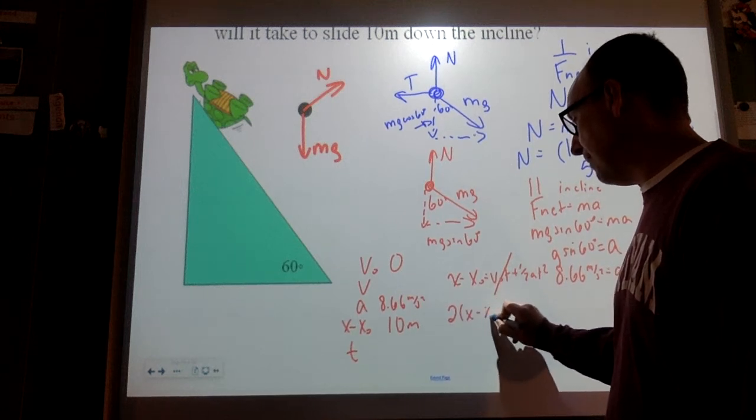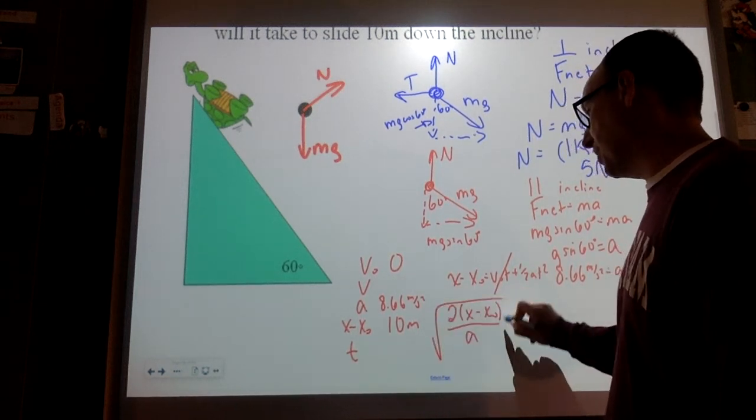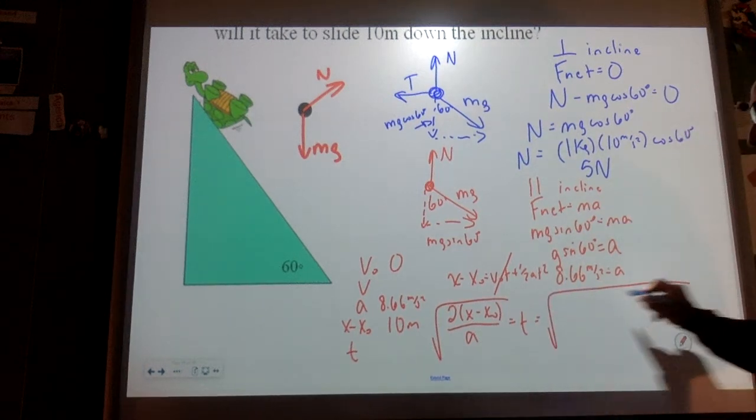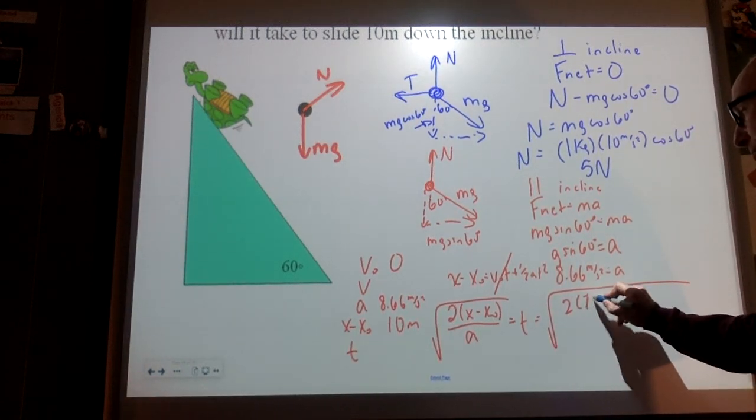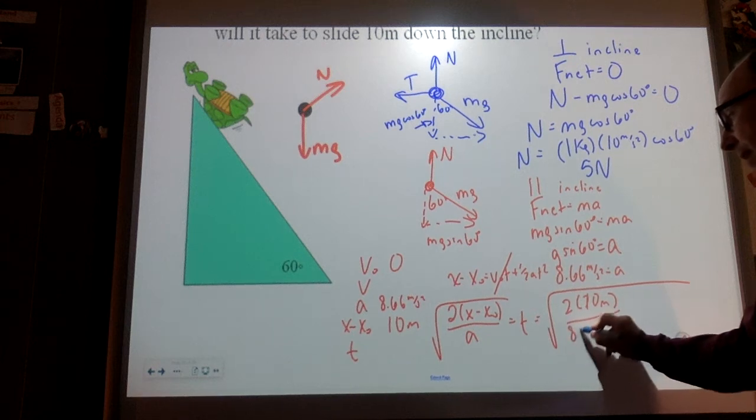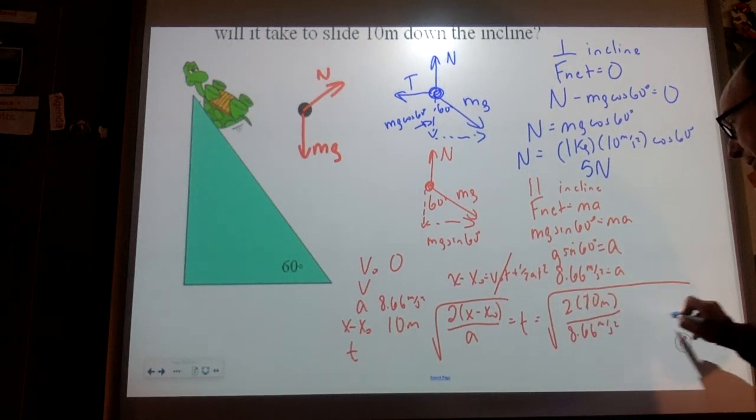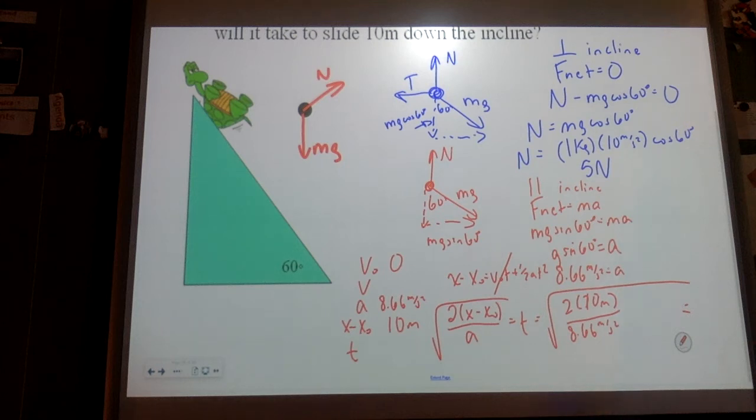I have the square root of 2 times the distance divided by the acceleration. And so I'm going to have 2 times 10 meters divided by 8.66 meters per second squared. And I have 1.5 seconds.